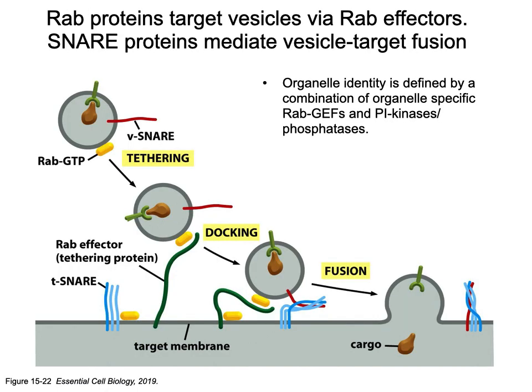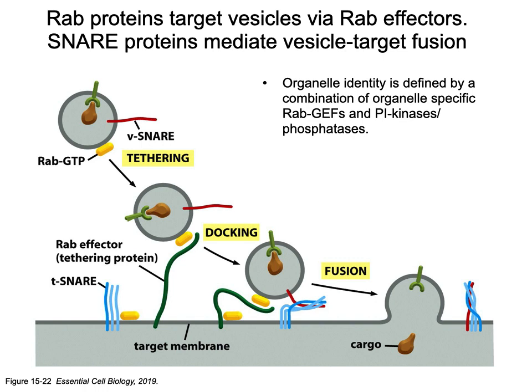The Rab proteins are going to work together with the Rab effector, which is a tethering protein. When we have our targeting membrane, as we can see in this figure, it's the Rab GTP that is going to bind to the Rab effector, and that's going to tether the vesicle. Then what's going to happen is docking.